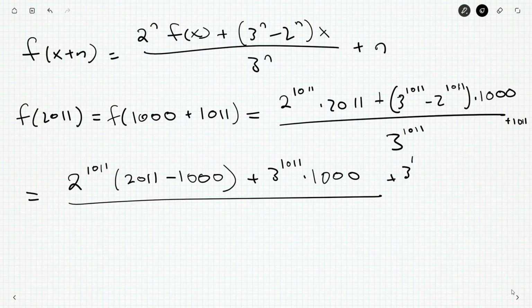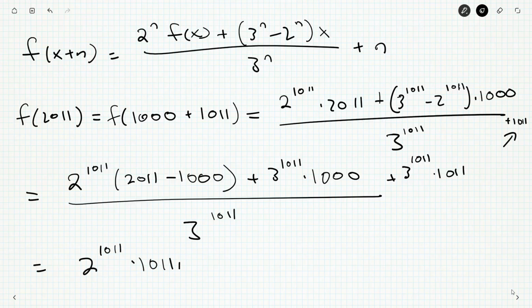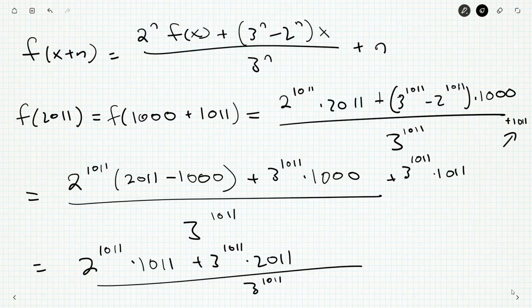Plus 3 to the 1011 times 1011. Just bringing this number up. Then 3 to the 1011 on the bottom. But now this is 2 to the 1011 times 1011. And now these guys can combine, so plus 3 to the 1011 times 2011, all over 3 to the 1011.